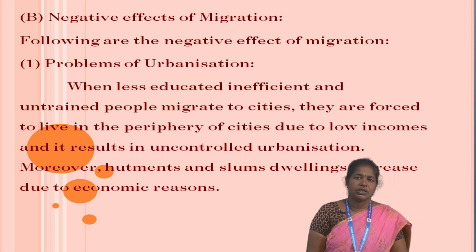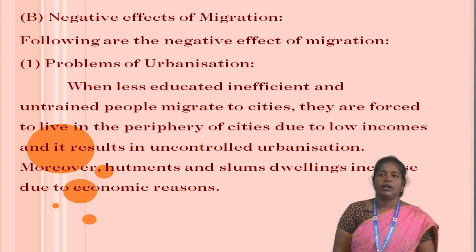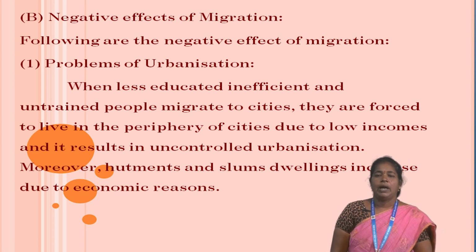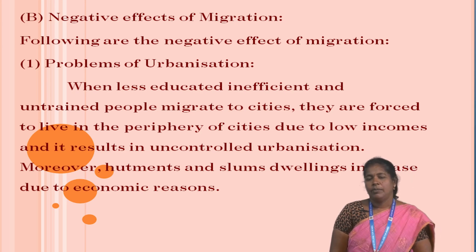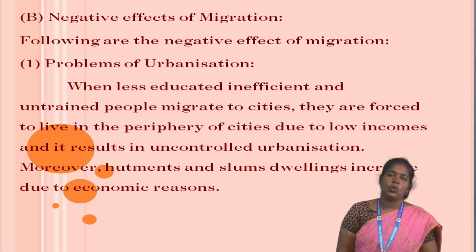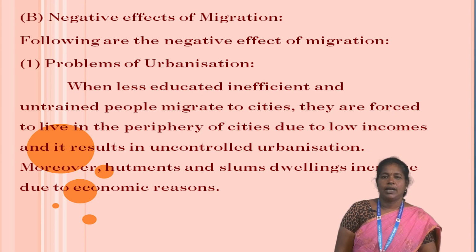Problems of urbanization: when less educated, inefficient and untrained people migrate to cities, they are forced to live in the periphery of cities due to low income, and it results in uncontrolled urbanization.